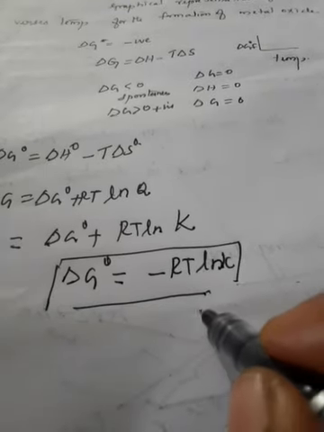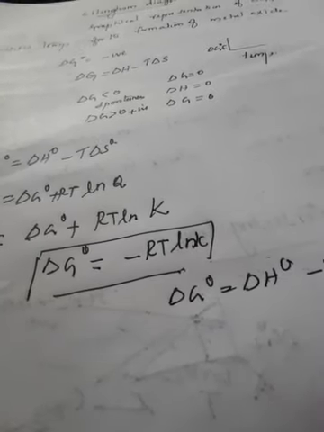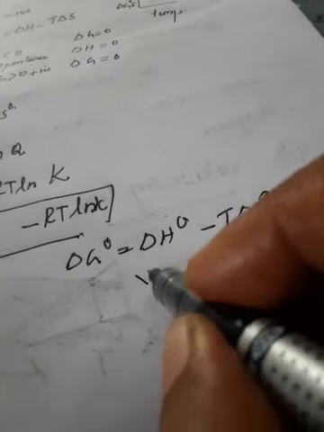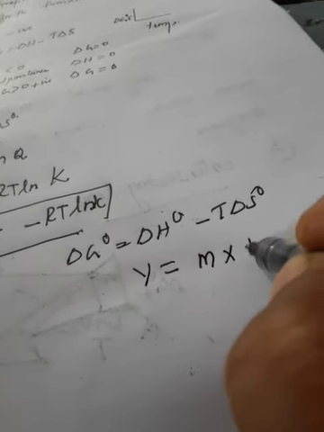Now, we already know delta G naught is delta H naught minus T into delta S naught. This is in the form of a straight line equation, y equals mx plus c.